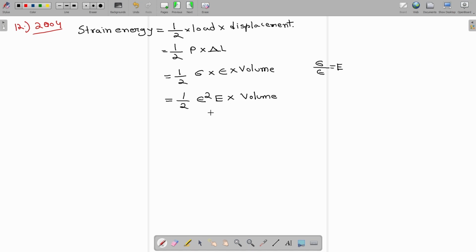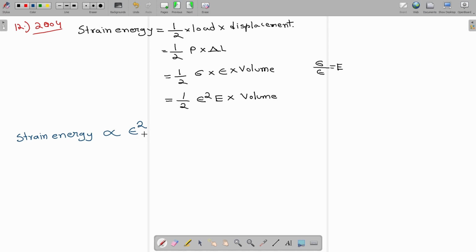Now, from this equation, we see that the quantity half is a constant. Strain produced in a body is also constant because it follows Hooke's law. Young's modulus of a body is constant and volume of a body will remain constant. Okay, it never changes. So therefore we can write that strain energy is directly proportional to strain whole square.